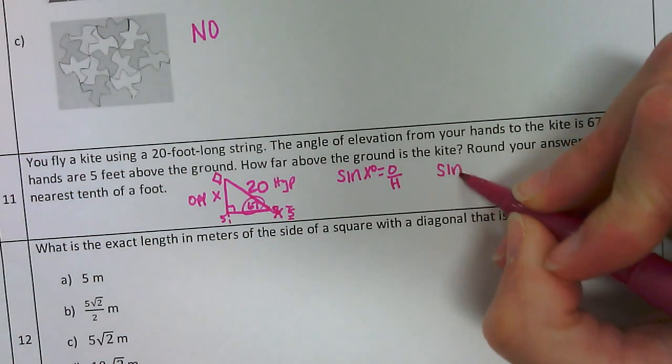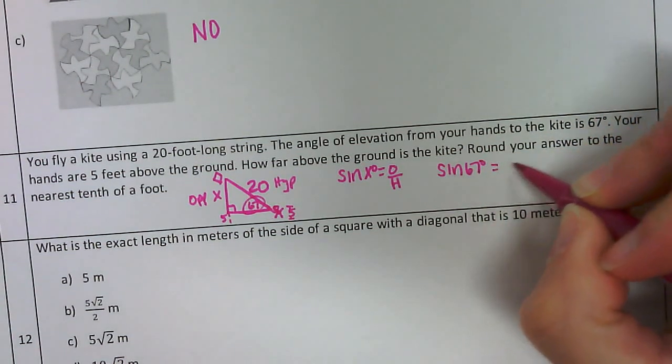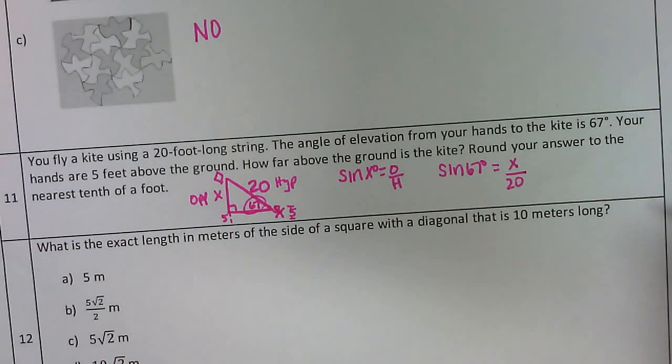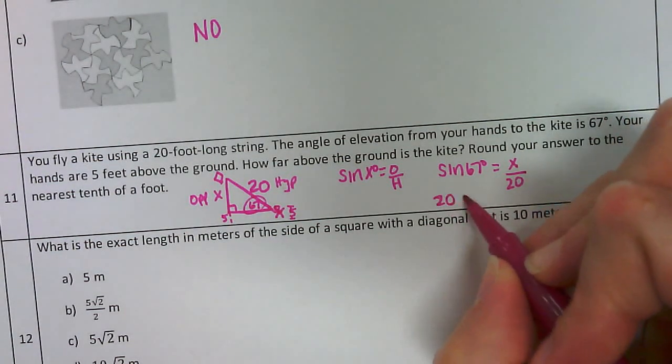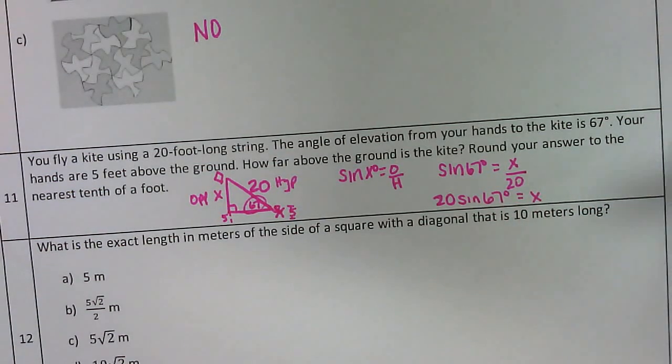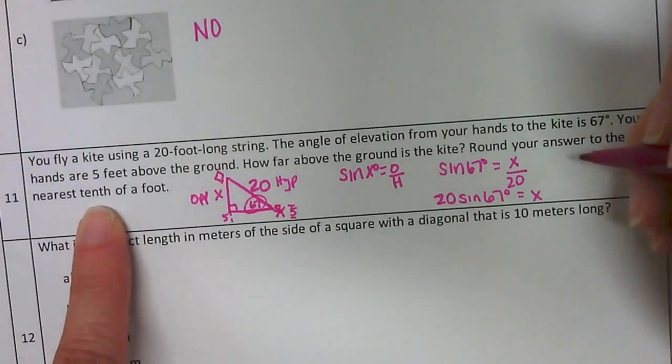Sine is opposite over hypotenuse. So we're going to say the sine of 67 degrees is my missing value over 20. Now to solve it, we're going to say 20 times the sine of 67 is x. So you're going to use your calculators to do this part. And it says we want to round to the nearest tenth of a foot.